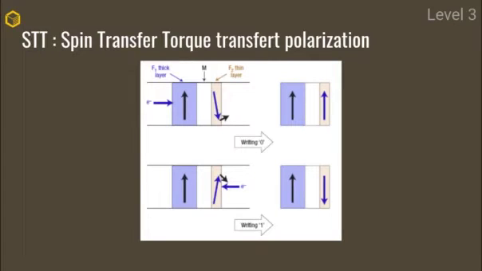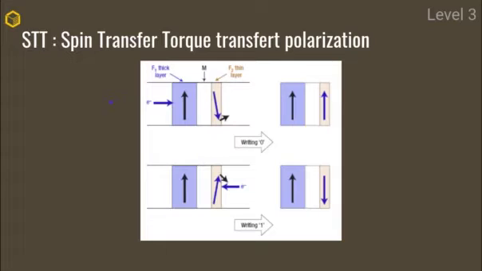Now let's get right into it and start with STT MRAM. So spin transfer torque. The principle of spin transfer torque is, if I want to write the polarization of my free layer, say I start in a state where I have an anti-parallel configuration and I want to write it to parallel.